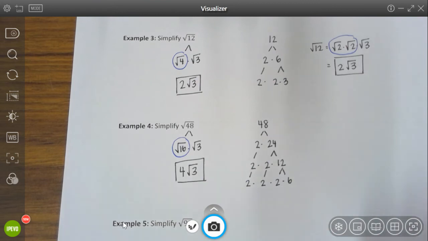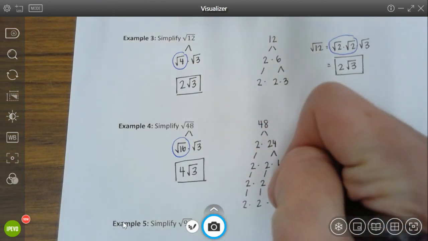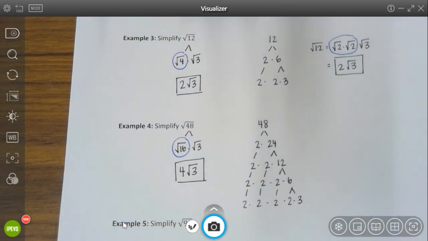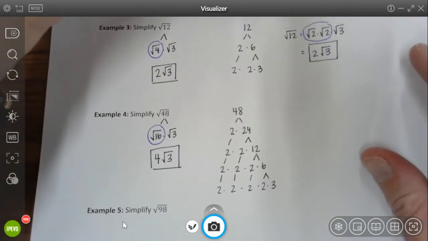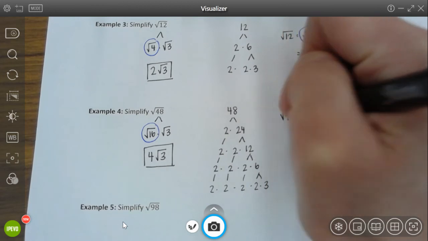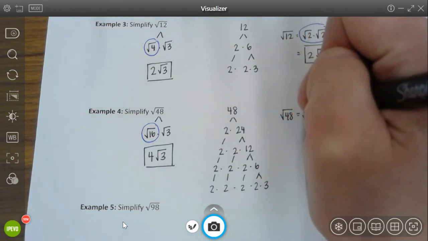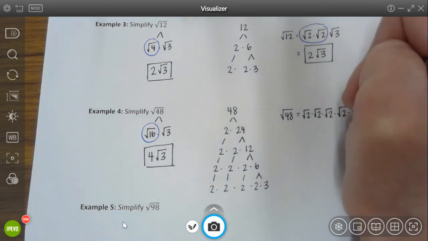And I can still work with a 6 on the outside, so pull down those other 2's. And I can write that as 2 times 3. So now I have a lot of factors to work with here. So when I write this out, I'm going to write this as the square root of 48 is equal to square root of 2 times the square root of 2 times the square root of 2 times the square root of 2 times the square root of 3.